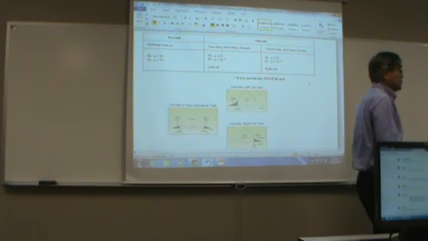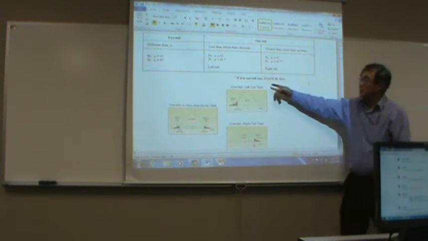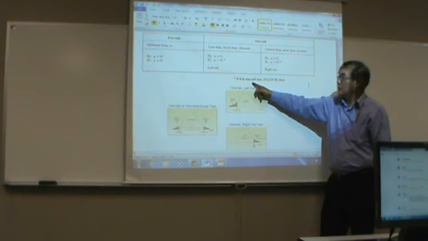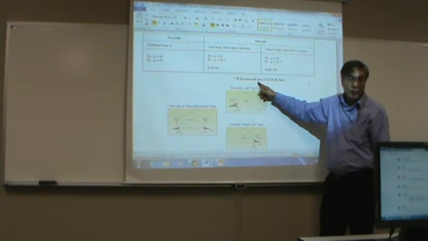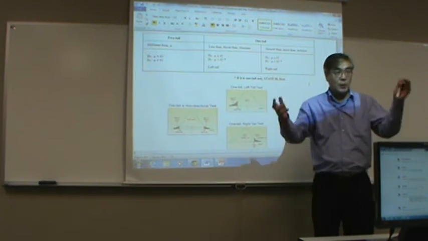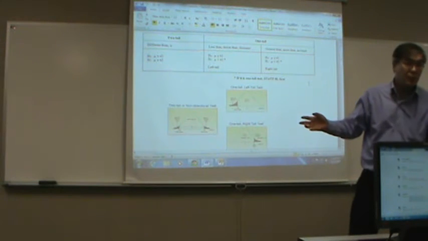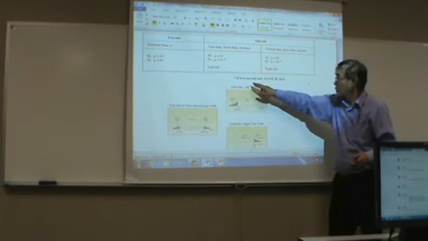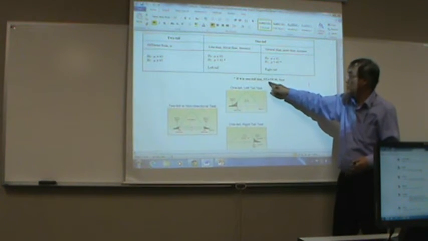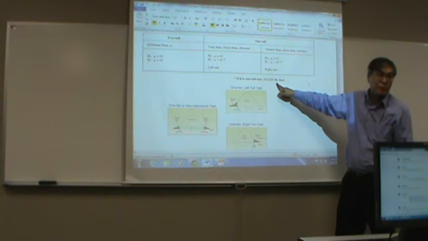I wrote it like this: if it is a one-tailed test, greater than, smaller than, less than, more than, something like that, then state H1 first.